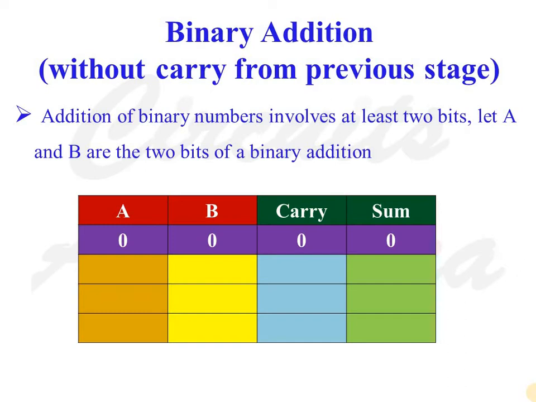If any one of the 2 inputs is equal to 1, then sum is equal to 0 plus 1 or 1 plus 0, which is equal to 1, and carry is equal to 0 as there is no overflow in the addition operation. And finally, if both bits are 1, then according to binary addition, 1 plus 1, sum is equal to 0 and carry is equal to 1 as there is an overflow.